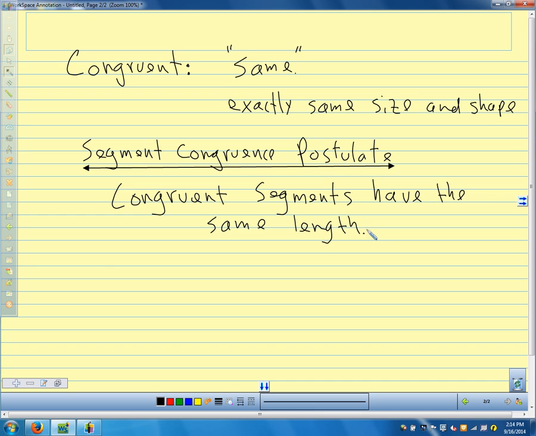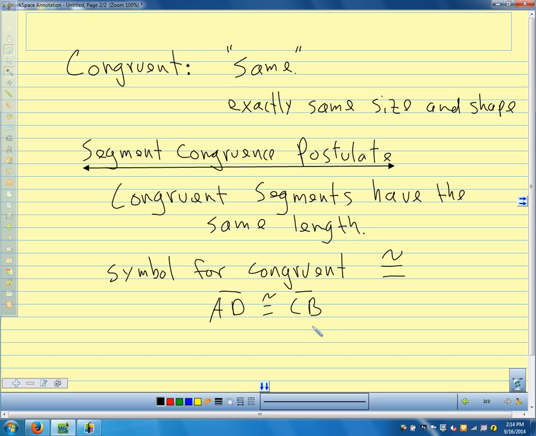Our symbol for congruent is an equal sign with a little squiggle. So if we write something like this, this says segment AD is congruent to segment CB.